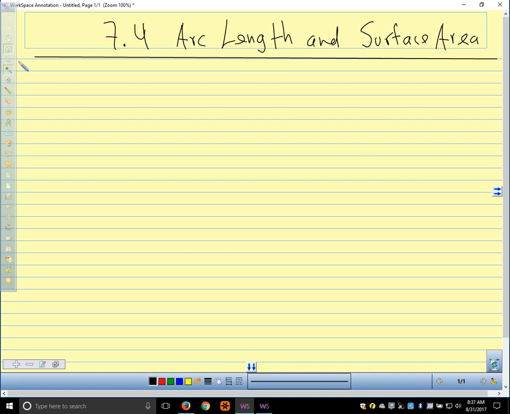All right, so I'm going to go through a way of developing our equation for arc length. There are several ways, but I like this way because of what shows up. So what we're going to do is use the distance formula to develop our equation for arc length.